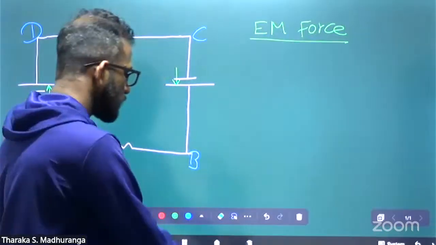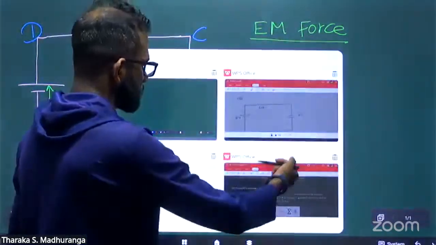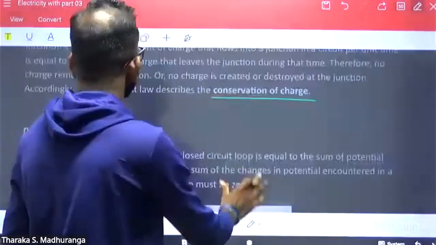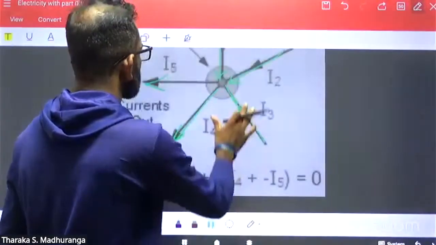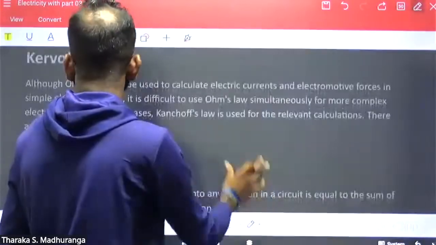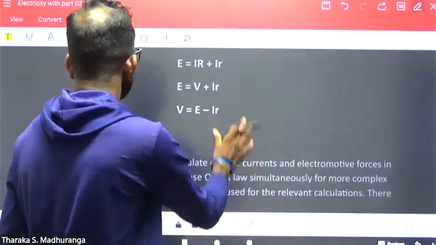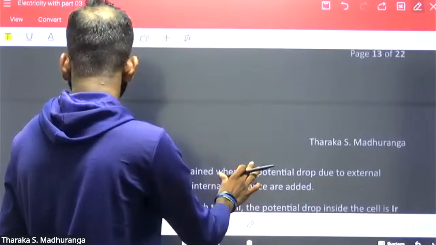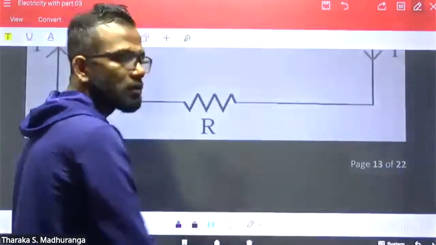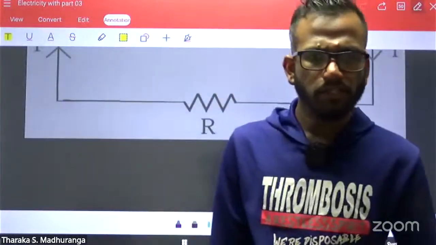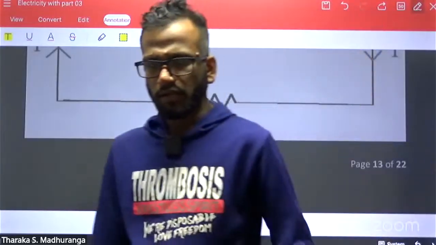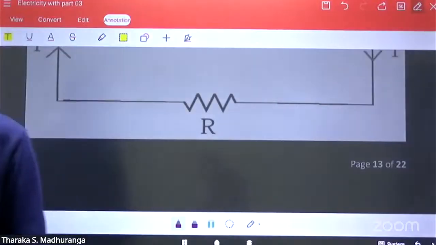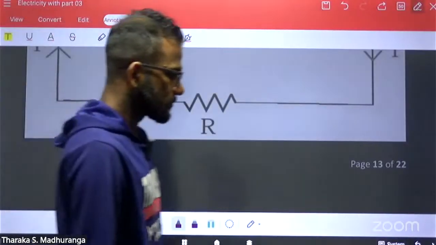In the lesson we already discussed it, before we started Kirchhoff's law. Can anyone send me the definition of electromotive force? It is very important. Definition, quickly.